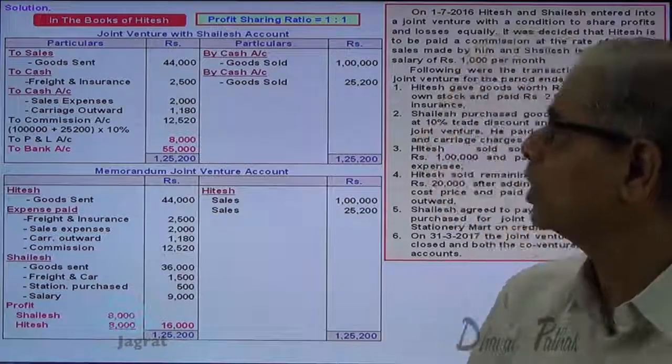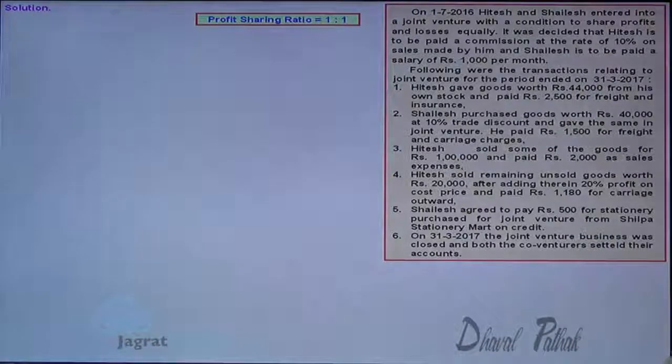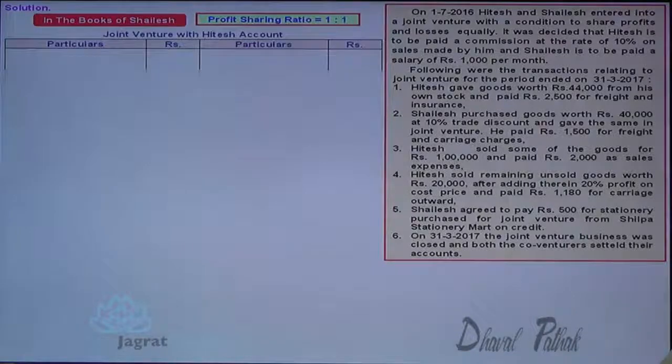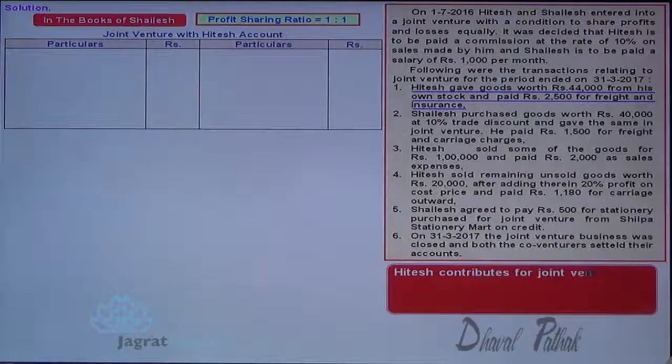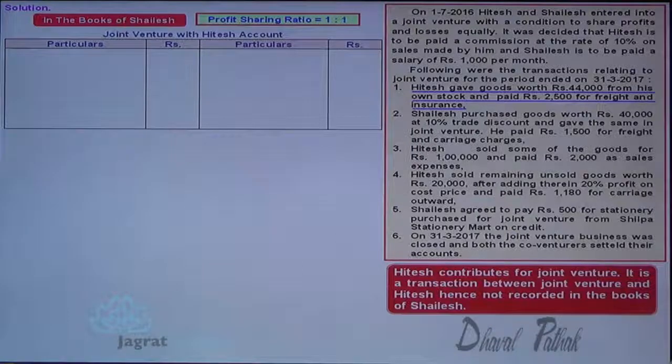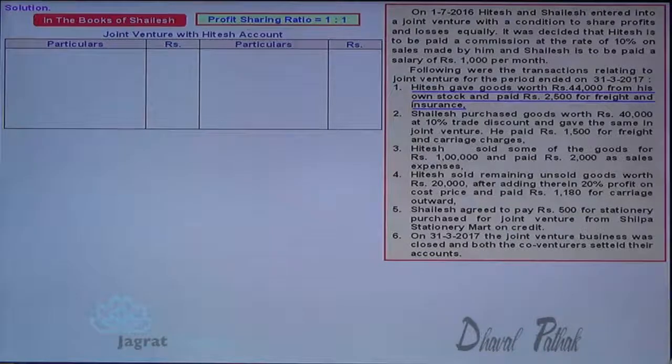Let me start with the books of Shailesh. Shailesh prepares the joint venture with Hitesh account. First transaction: Hitesh gave goods. It's a transaction between Hitesh and the joint venture, so it is not recorded in the books of Shailesh.